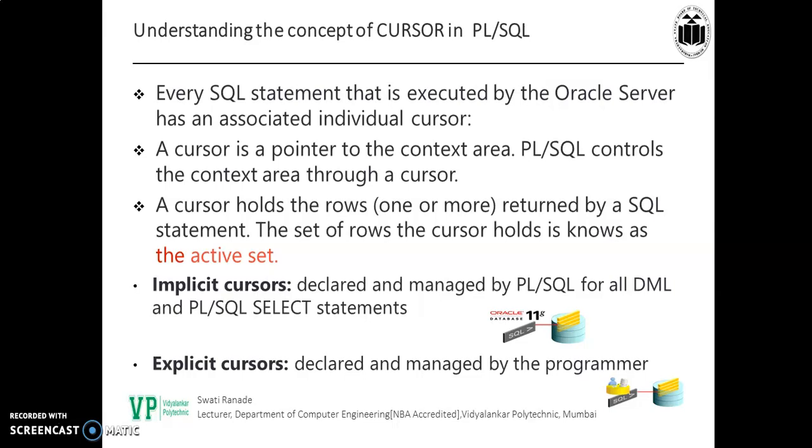The main intention to use a cursor is when our select statement retrieves multiple records and we have only one variable to store data. At that time an exception may occur, and to avoid that we need to handle this situation with the help of a cursor.